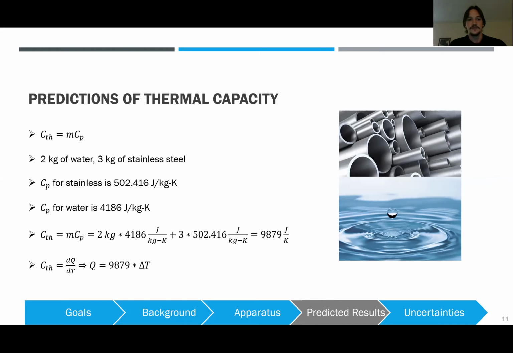Assuming 2 kilograms of water, 3 kilograms of stainless steel, and finding the specific heats offline for stainless steel and water, you can calculate the combined thermal capacity of both the water and the steel. It comes out to be about 9,879 joules per Kelvin. The thermal capacity is equal to dQ over dT. Solving for dQ and integrating, you'll find that Q is equal to 9,879 times delta T, in joules per Kelvin times delta T, for the stainless steel and the water.